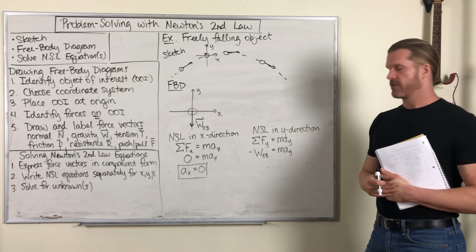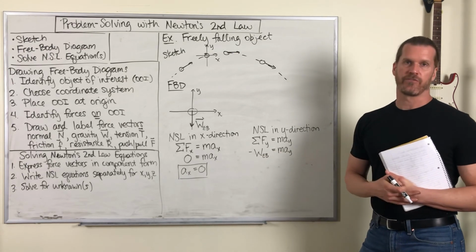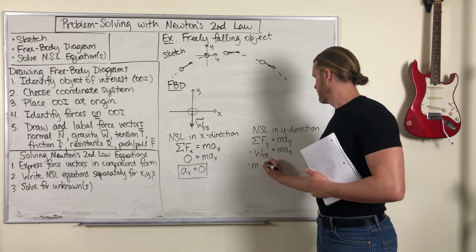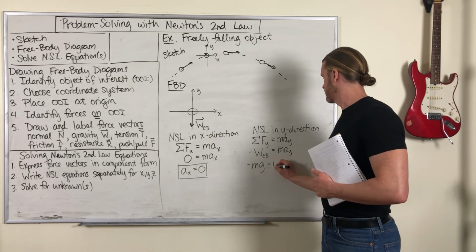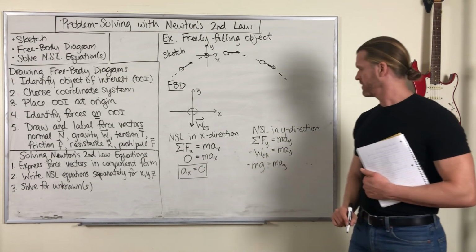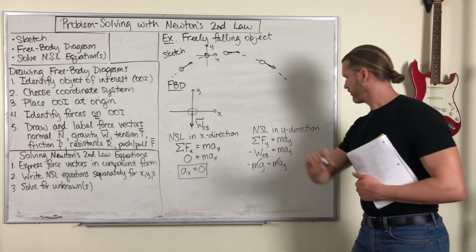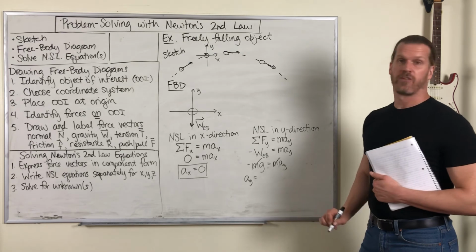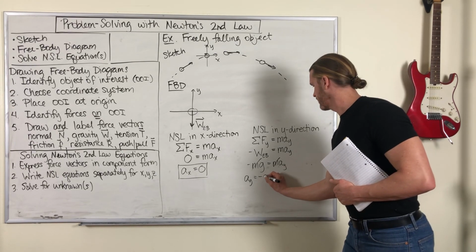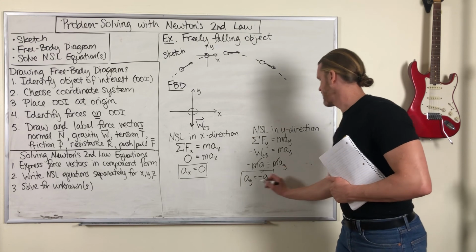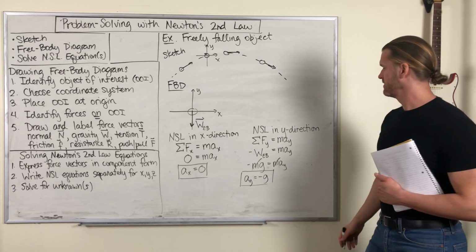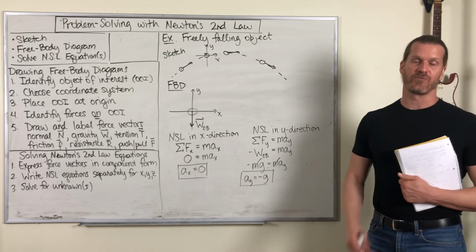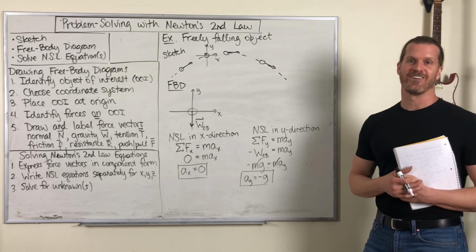And we learned in the previous video that the gravity force when you're on the surface of the Earth has a magnitude of m times g. And those two m's cancel out, and so we find that the acceleration of this ball is minus g, or minus 9.8 meters per second squared, which is what we have been saying all along, but now we've shown where that comes from using our new Newton's second law problem solving method.